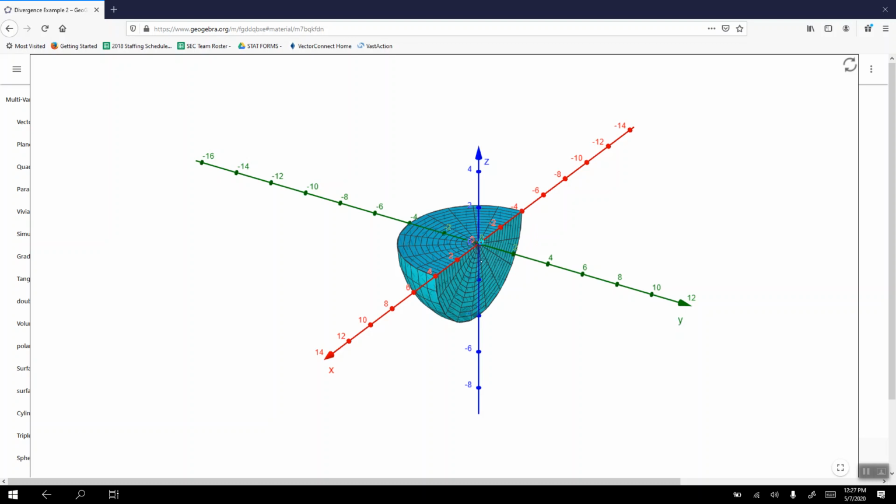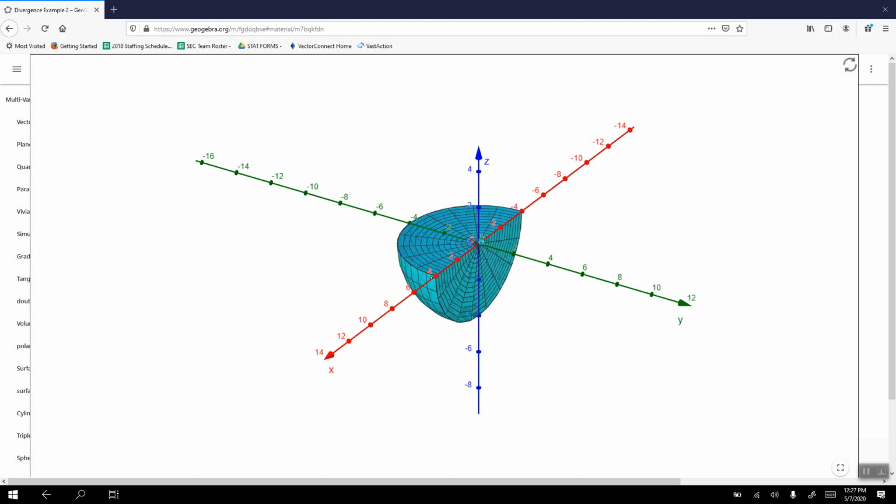But in this case, for this wedge, we don't have 0 to 2 pi because we don't have a whole circle being traversed. Instead, the values start over here on the negative x-axis and traverse counterclockwise to the positive x-axis, which means our theta values must go between pi and 2 pi.